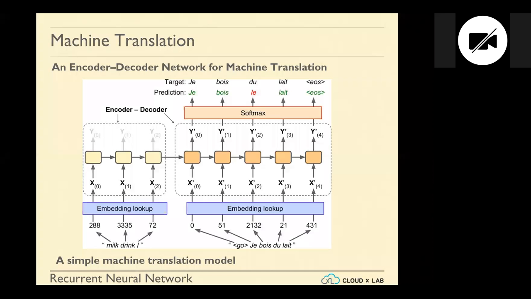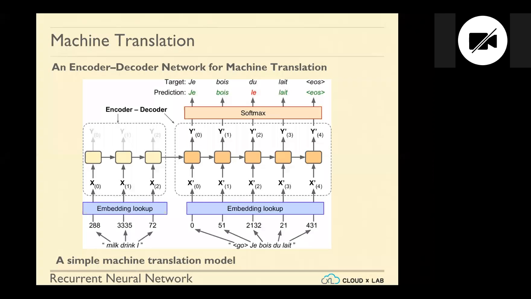The first one takes the source language, and the second one takes the outcome of the previous network, along with a sentence in French, and then generates another sentence in French.